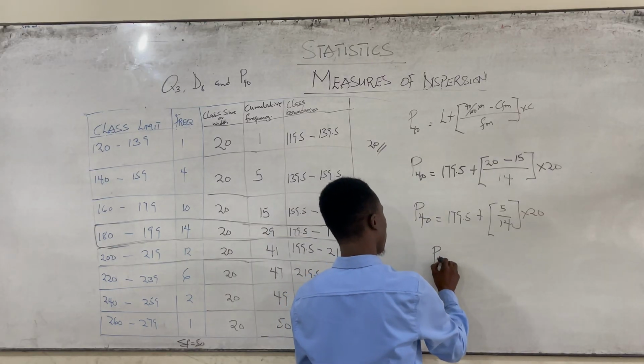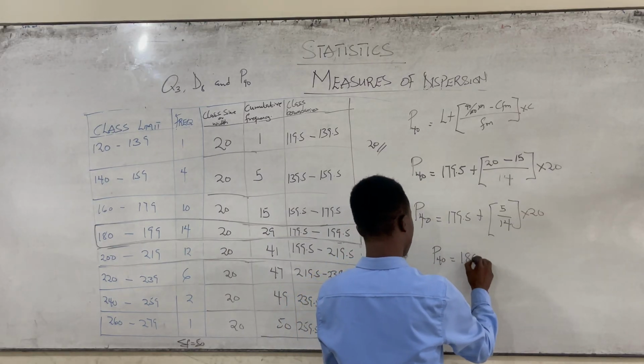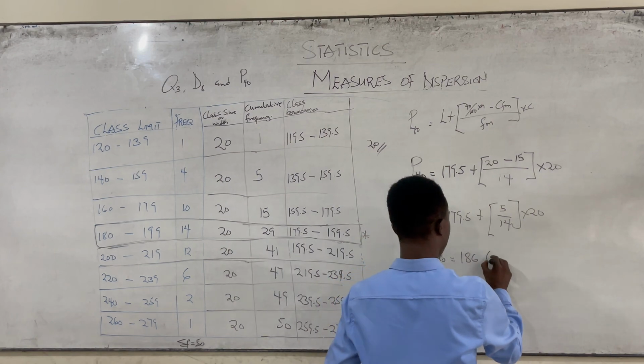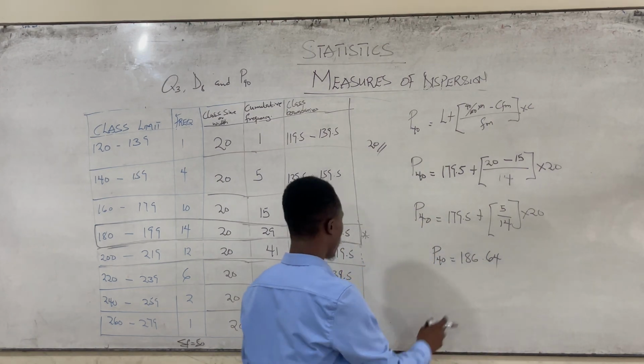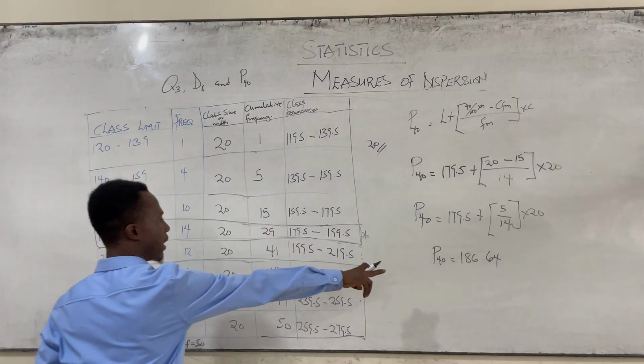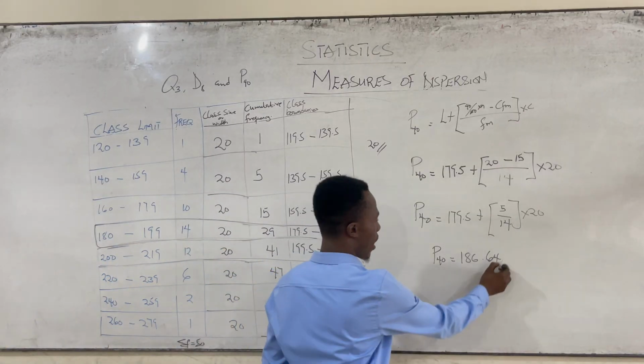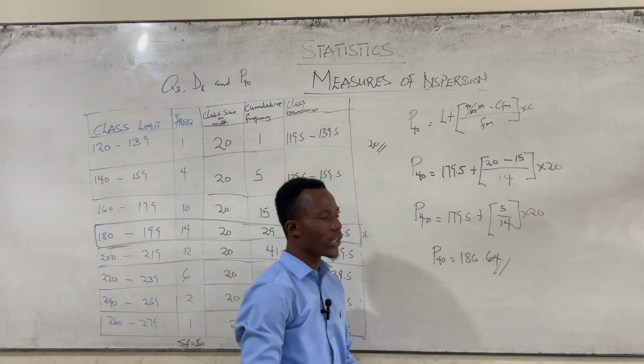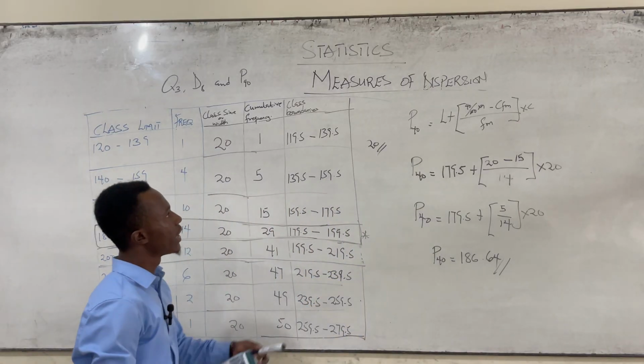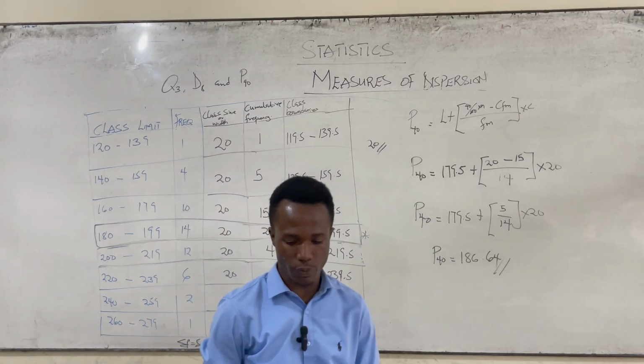So P40 equals 186.64, right? So let's check what we are getting. Is it within 180 to 199? Yes, our answer is true. So this is how we calculate for grouped data for the measures of position.